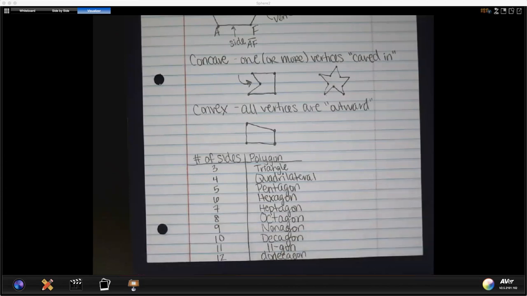So 11, 13, 14, and on, they are just referred to as the number of sides hyphen gon. So 13-gon, 14-gon, 20-gon, 10,231-gon, forever and ever.